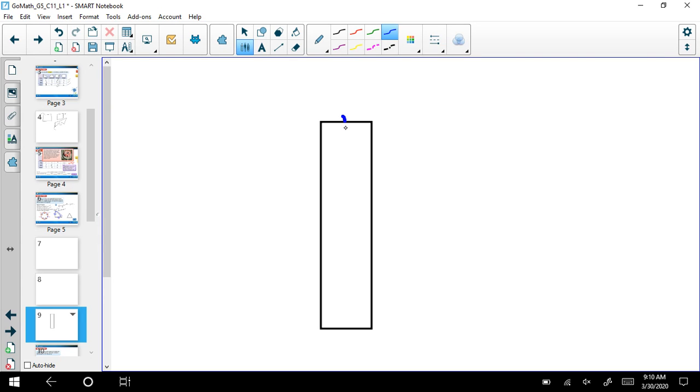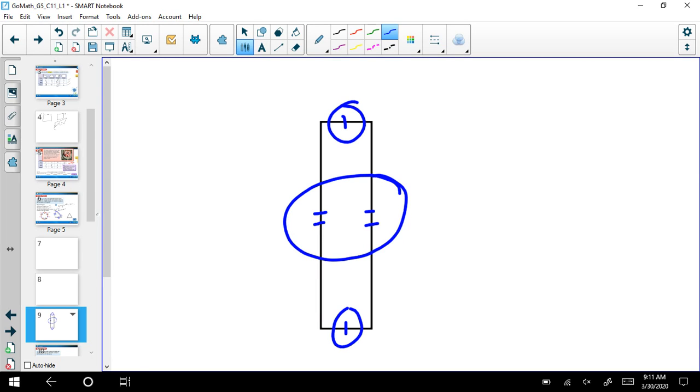But what they would do here to show that is put one tick mark on each of those because those two sides are the same. And then the other two sides are also going to be the same, and so what they would do here is add 2 tick marks. So here these are the same. Our top and our bottom are the same but different from our 2 longer sides.